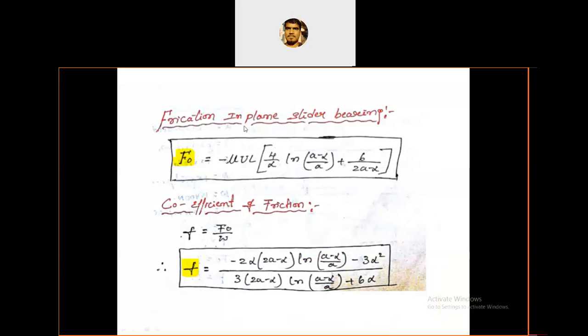Next, frictional force in the plane slider bearing and coefficient of friction. For this, there are no derivations. You just use the equation. These equations are available in the data handbook.